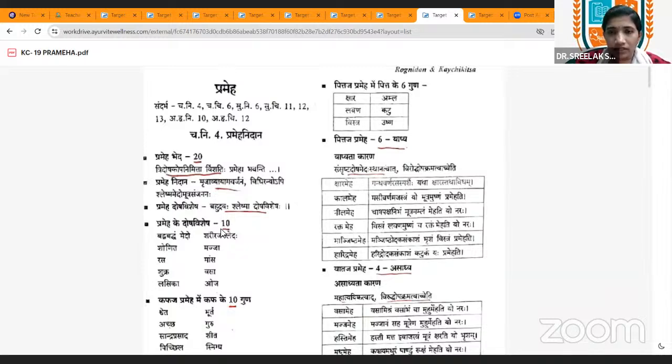Okay. And the 10 types of Kaphaja are Sadhya, the 6 types of Pittaja are Yapya, and that of Vataja is Asadhya. This is a 3-star important point. Okay. That is Samakriyatvat, Vishamakriyatvat, Mahatyayascha.